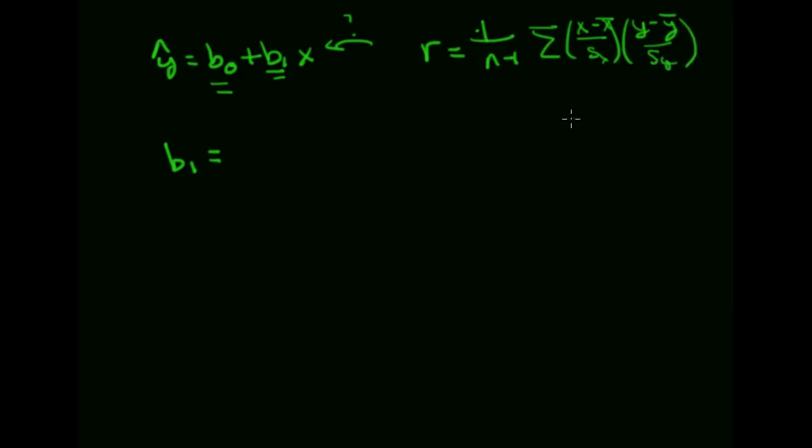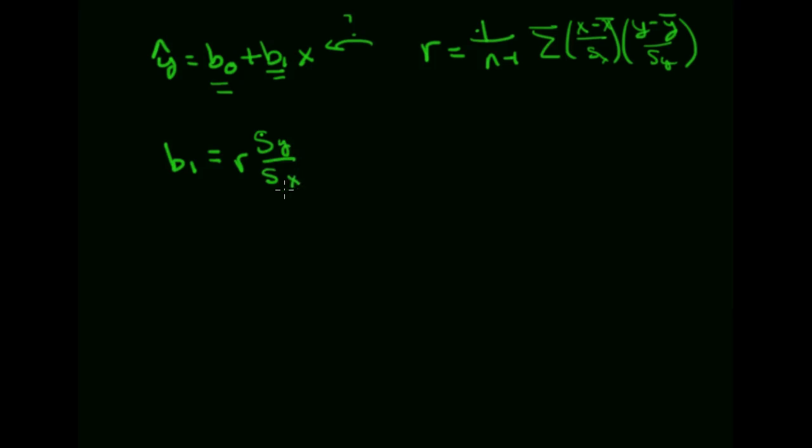So this is something I could completely pull just from the data set. So b1 is actually r times the standard deviation of y over the standard deviation of x.